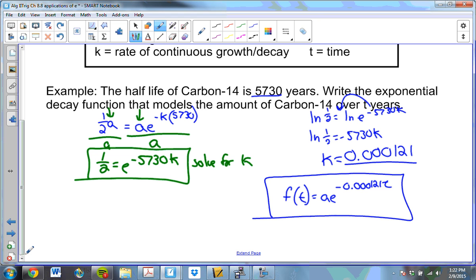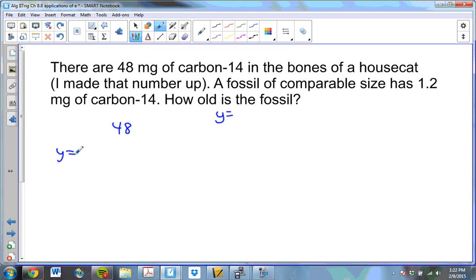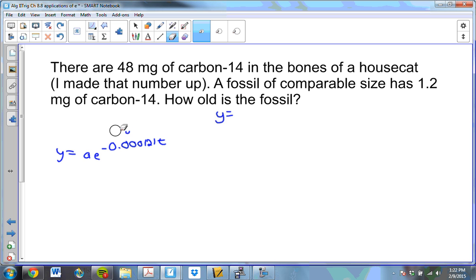Since we're still doing carbon-14, I'm going to use the same formula, negative 0.000121, 3 zeros, 1, 2, 1. So I have y equals A e to the negative 0.000121 t. Well, my starting amount is now 48. This is how much I'm starting with. My ending amount was 1.2.